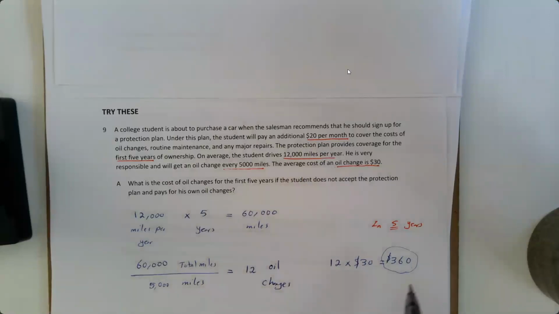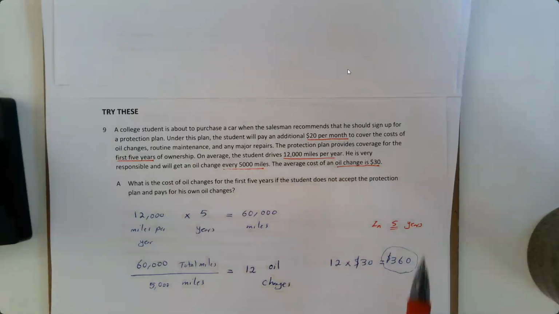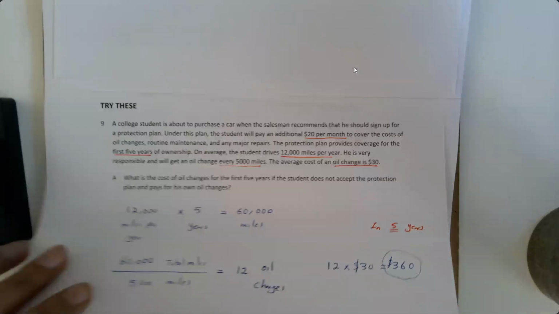In 5 years, the student needs to pay $1,200. So which one makes sense? Does it make sense to accept the plan or take care of the car himself? Very well. So let us move on to the next step.